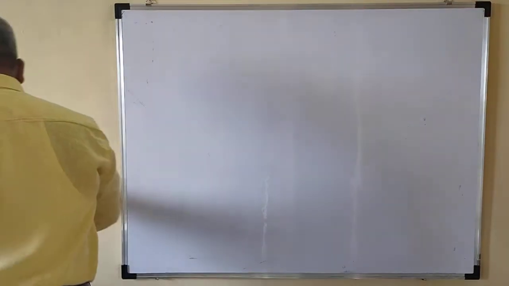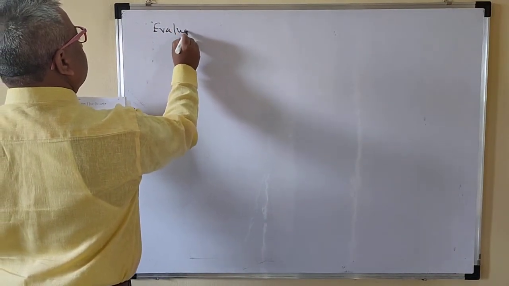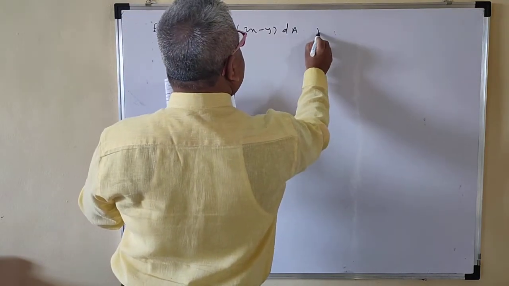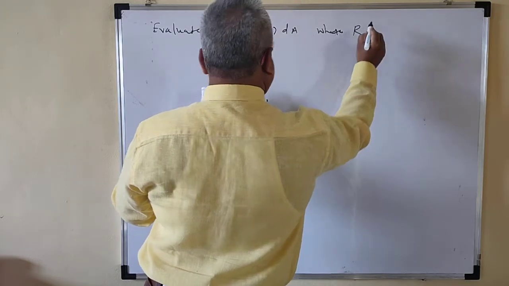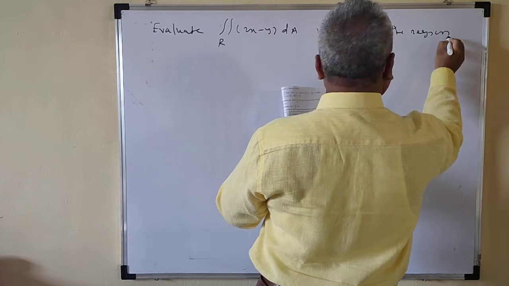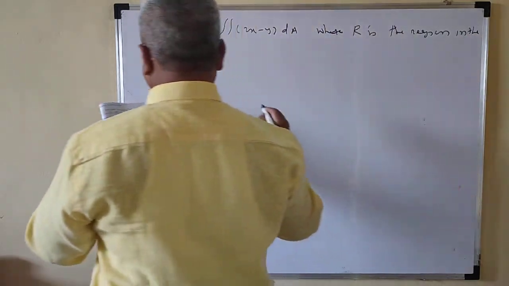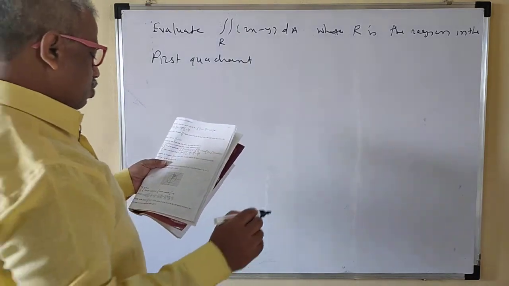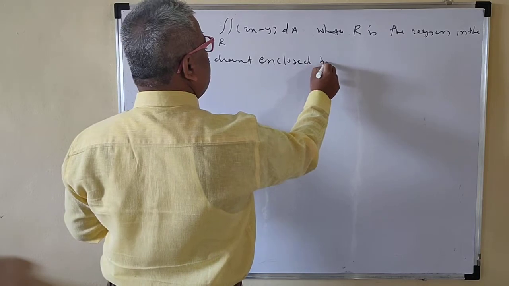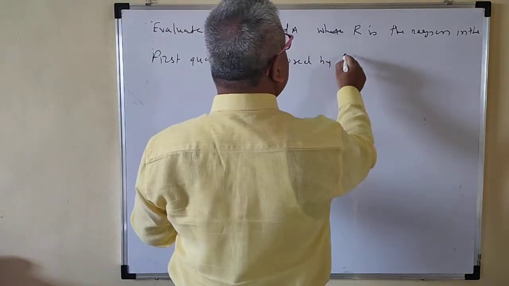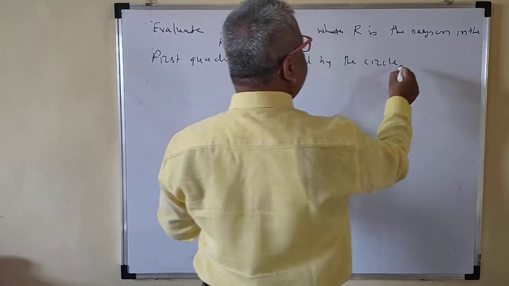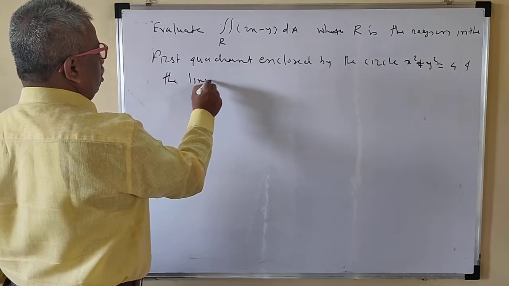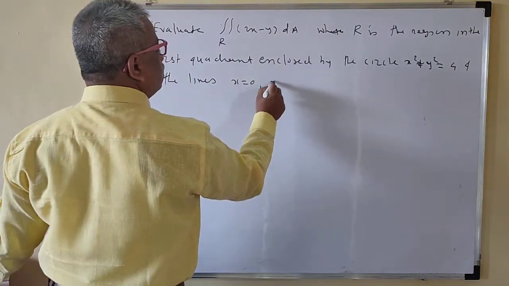Next, evaluate the double integral over R of 2x minus y dA, where R is the region in the first quadrant enclosed by the circle x square plus y square is equal to 4, and the lines x is equal to 0, x is equal to y.